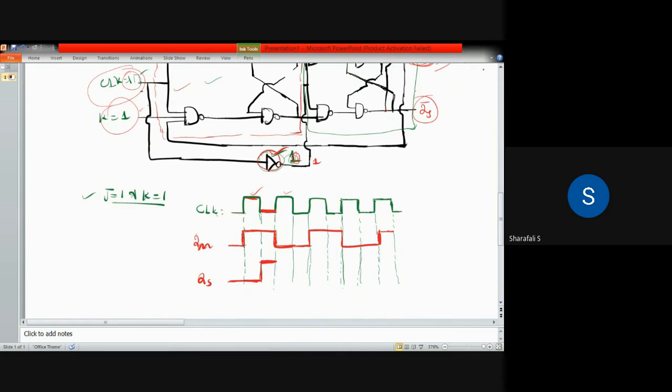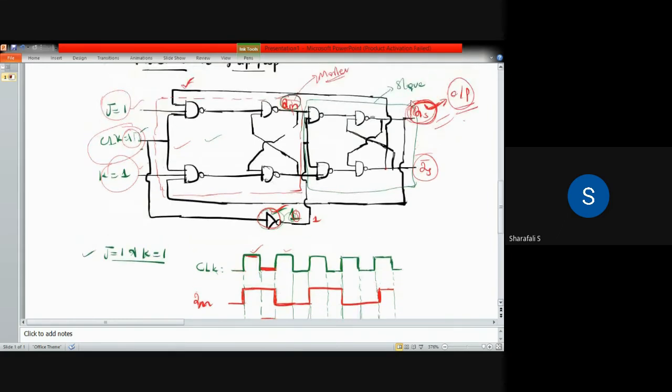Okay. But slave also will not be having any toggling effect, because if it wants any toggling effect, then this QM has to change. That toggling has to happen, but QM is now constant. QM is not going to change. The clock pulse is at its 0 state, which means that because of this NAND gate, NOT gate, this will be active.